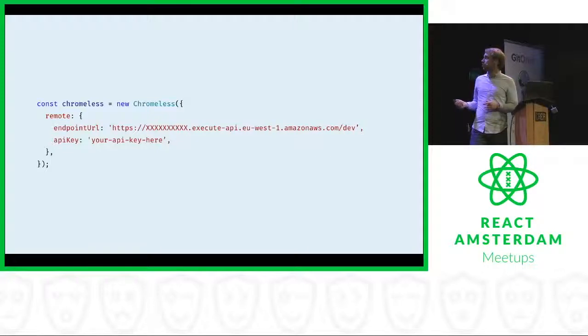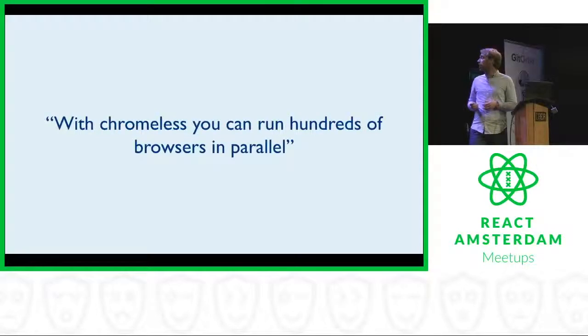And it's really easy to set up. Chromeless provides a serverless package you can set up by just entering some API endpoints and API keys. And then you can run hundreds of browsers in parallel.